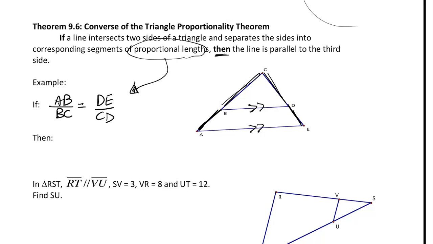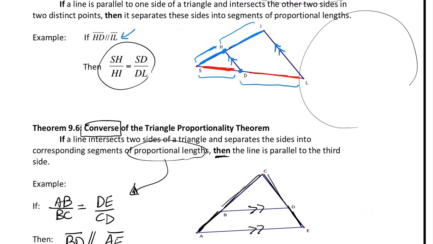We have proportional length segments. Then it must be that BD is parallel to AE. And that's the converse. You might remember a converse, you just switch the hypothesis and the conclusion of a theorem. So the converse is just switching these two.